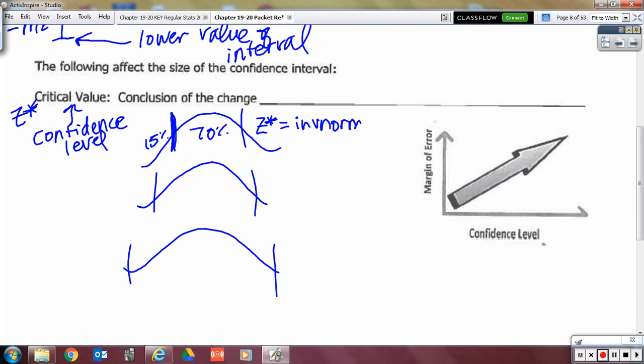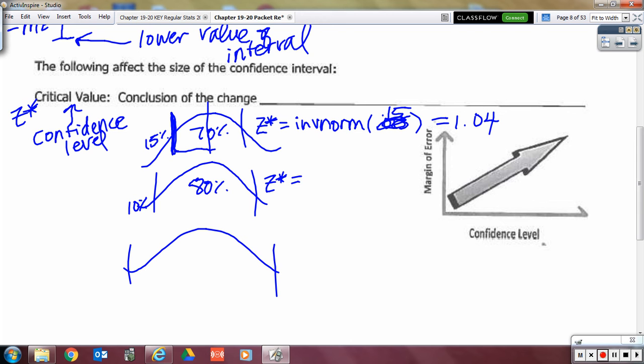So inverse norm of 0.15, sorry, my bad, is 1.04. Okay, so that means that spot is 1.04 standard deviations down. Okay, all right, let's do the next one. Let's say it's 80% in the middle. So do you see how it's wider? Because it's 80%. 20% is left in the tails, which puts 10% in one of them.